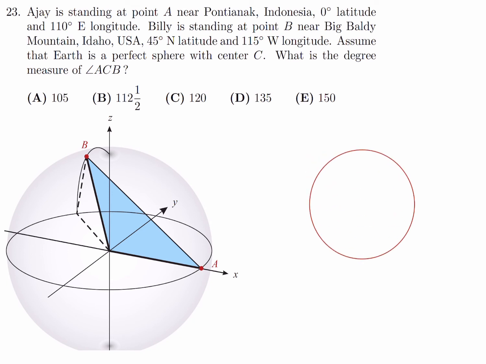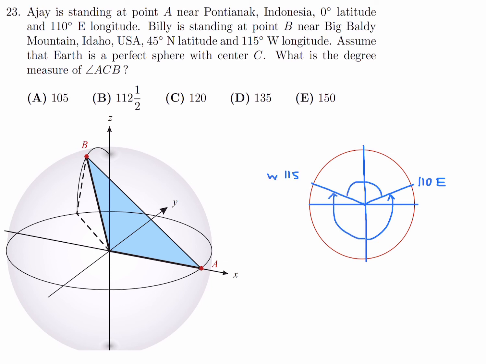And very quickly, if this is, say, the diameter, if we are at a point 110 degrees east, then from here, this is the starting point, it would be approximately here, 110 east, because we're counting from there. And then the other one is 115 west, so it's approximately here, 115 west. And again, we're counting from here.